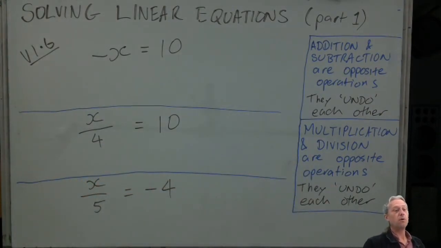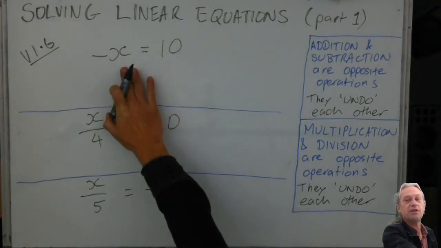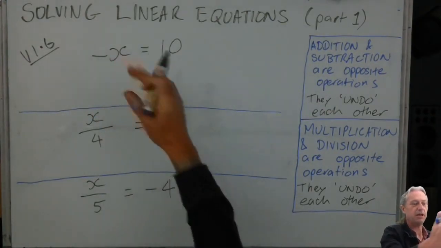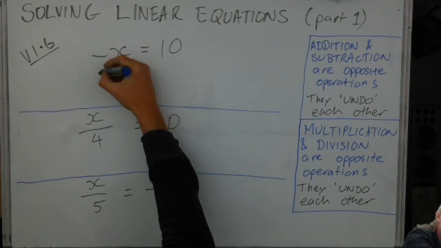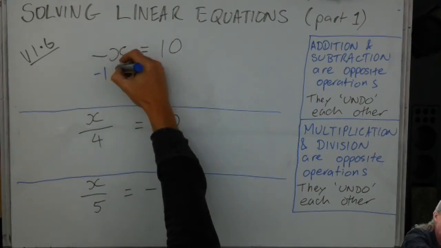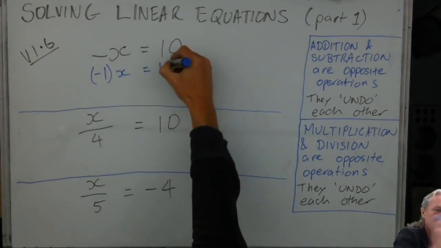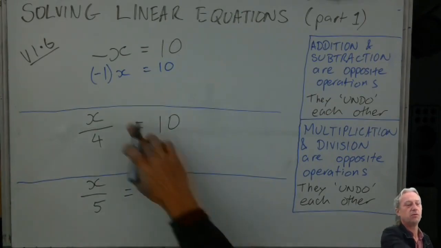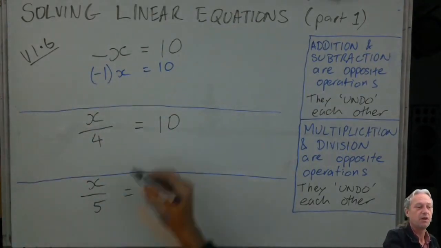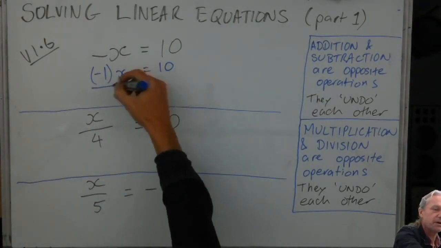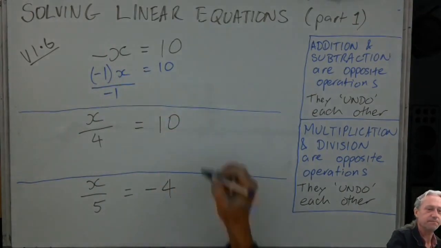So like I said before, we're not interested in -x, because really this is the same as -1, brackets around that, times x equals 10. So in order to get rid of this negative, we need to divide both sides by -1.